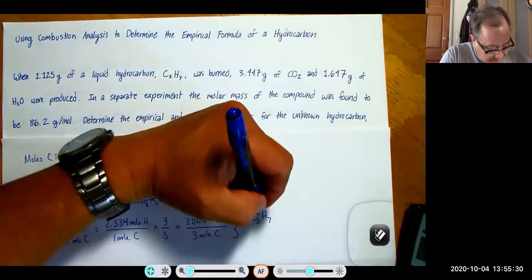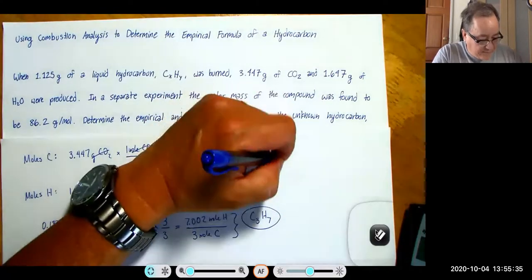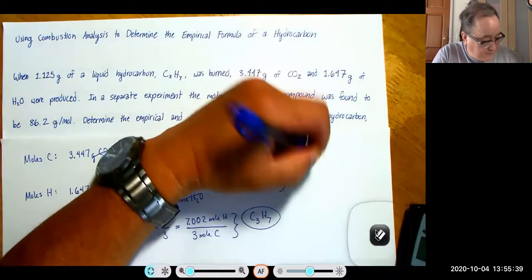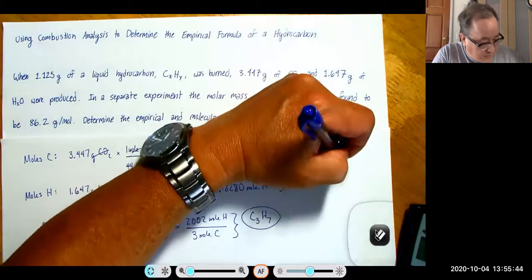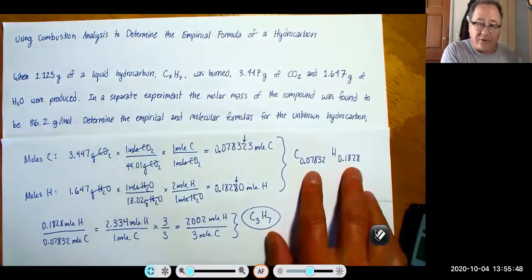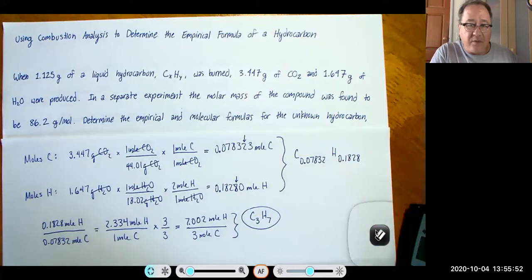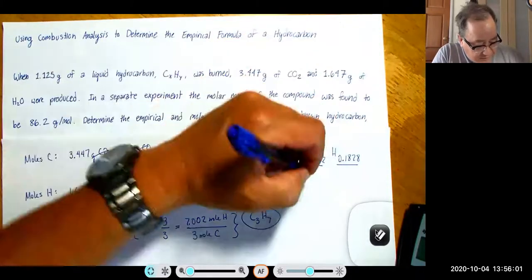I'm going to circle that. Now, another way to use these numbers is this way. I'm going to write carbon 0.07832, hydrogen 0.1828. So these are the ratios for the subscripts in the formula. But we don't like to write ratios that way. We like to write ratios as whole numbers. So what you do is you take this and you divide each of these by the lowest.